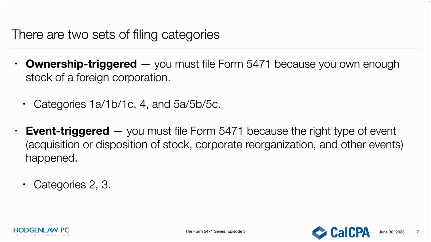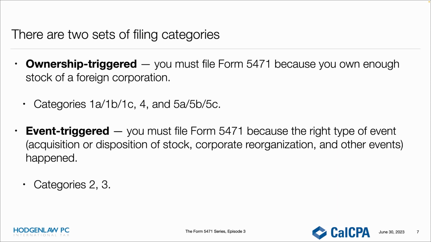And the event triggered ones, of course, you have to have some stock. You're not going to be in the game of playing Form 5471 unless there is a shareholder. So stock ownership at some point during the year is a given, but it's not the stock ownership per se that triggers the category 2 or category 3 filing requirement. It's because something happened.